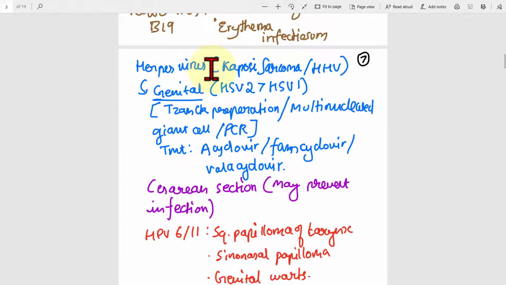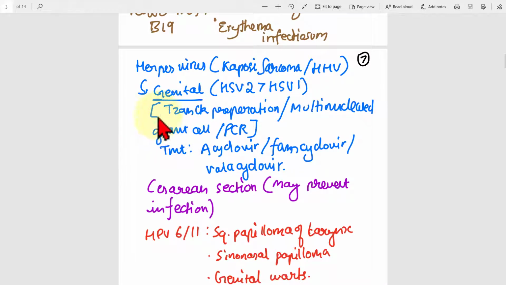Next, moving on to herpes virus, it results in Kaposi sarcoma as well as HHV. In case of genital herpes, HSV2 has higher chances of causing genital herpes than HSV1.